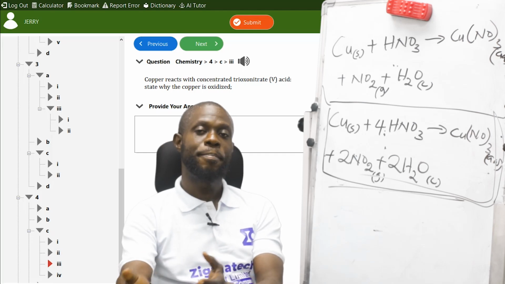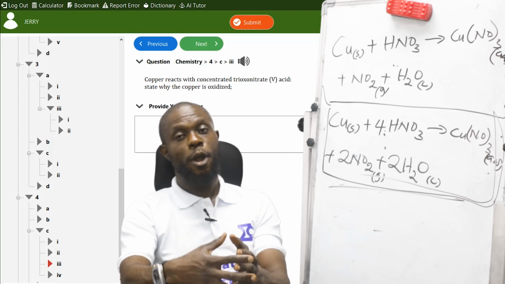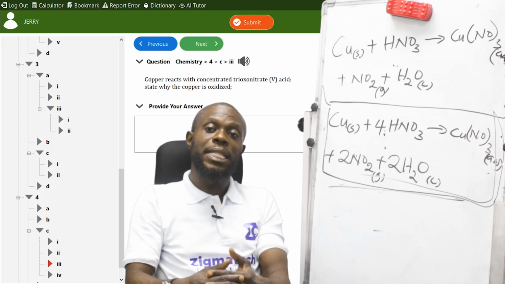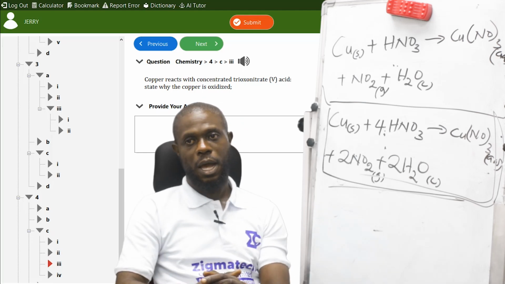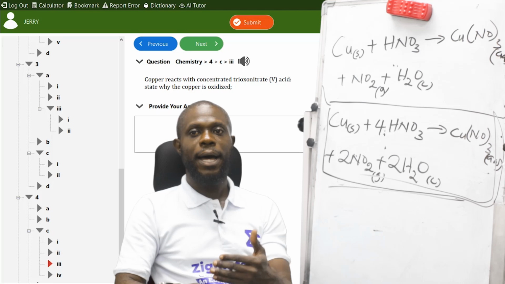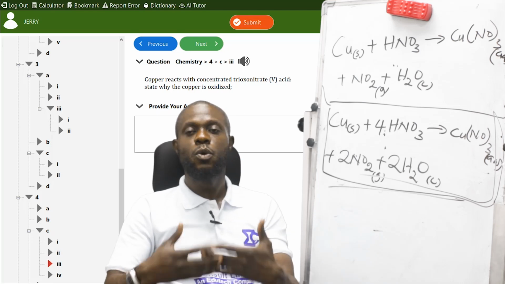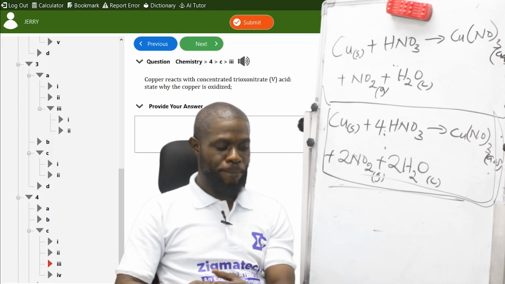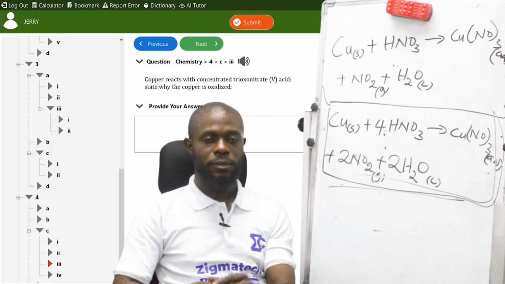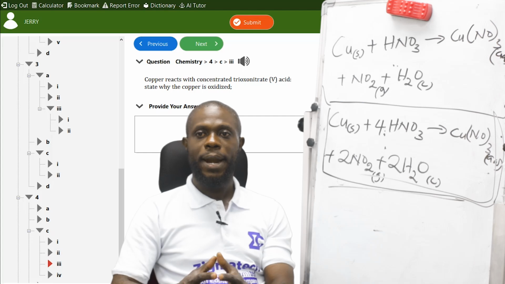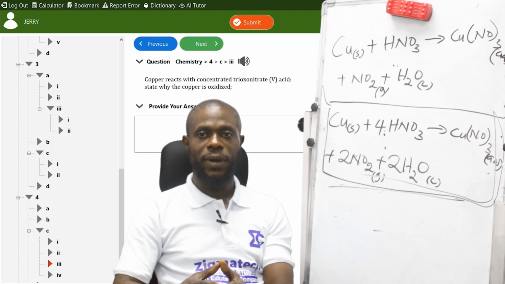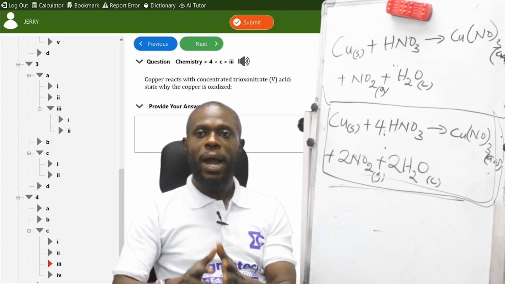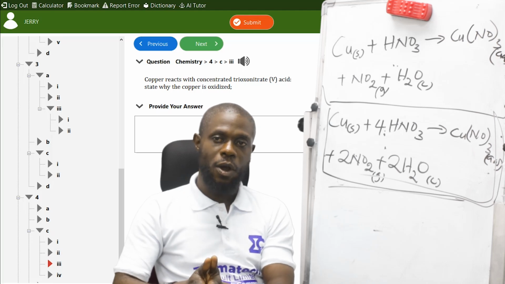Why? Because the acid eats away the metal. So it becomes weaker. And when the acid reacts with the metal, they produce hydrogen gas. So therefore, the copper loses electrons. Remember, the copper is a metal. So when copper reacts with concentrated trioxonitrate(V) acid, why is the copper oxidized? Because it loses what?